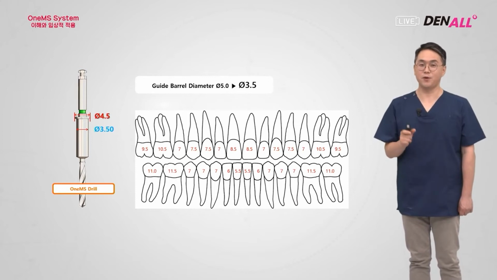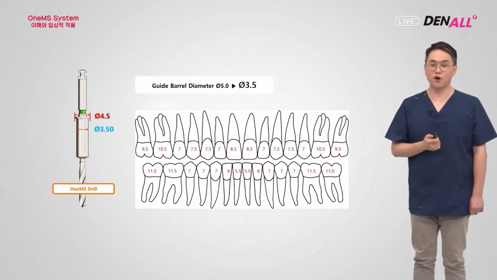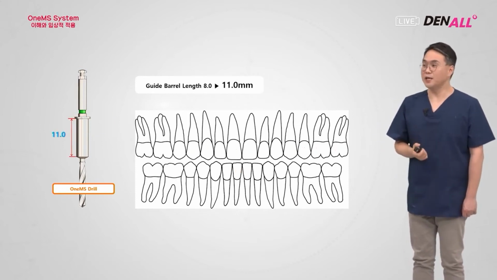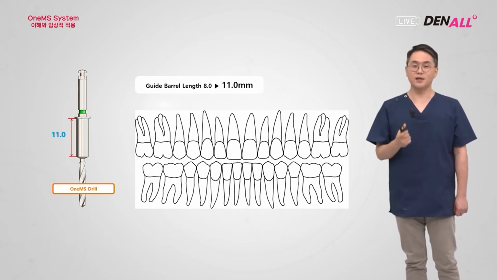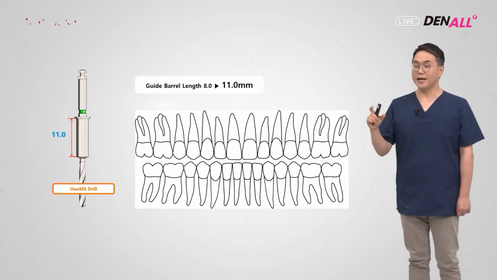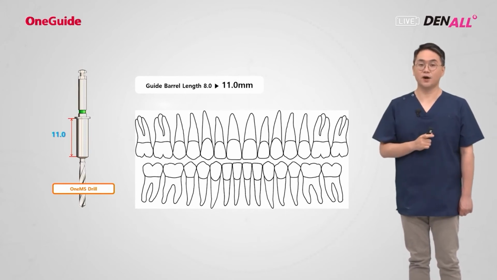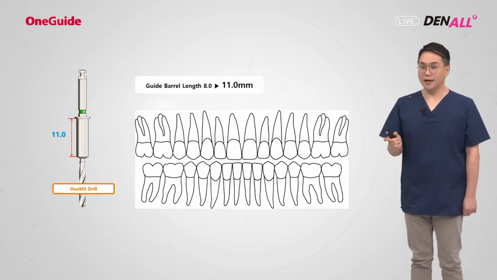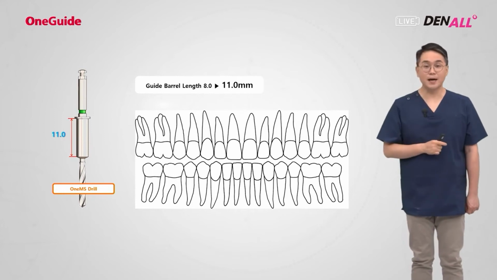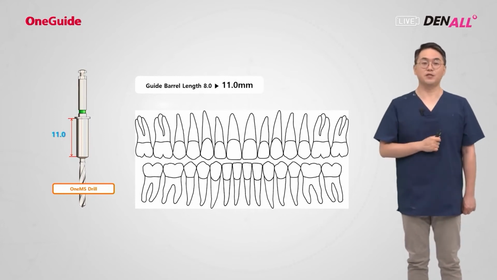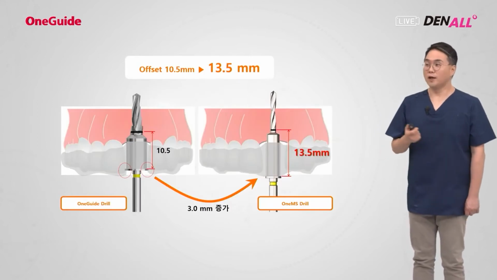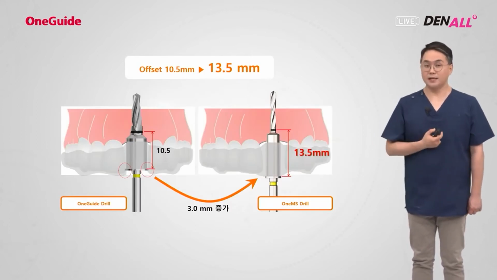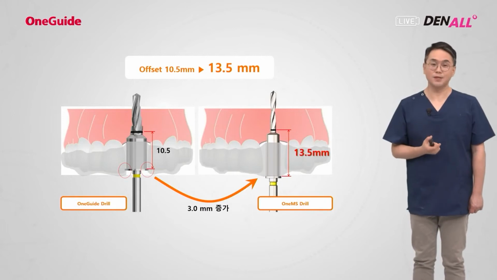This is because the mesiodistal distance is often very narrow. And to avoid interference from the adjacent teeth, the offset was extended. So the guide barrel has become longer. In the OneGuide drill, the guide barrel length was 8.0, but it's now extended to 11 millimeters because the offset is longer. In the OneGuide system, the offset was 10.5.